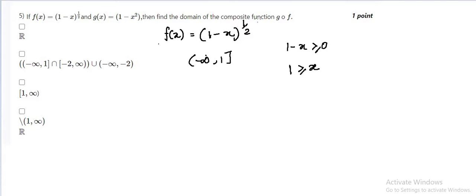Now, if you look at g of x, the domain is complete R, because whatever the value of x you put, you get g of x as a real valued function.